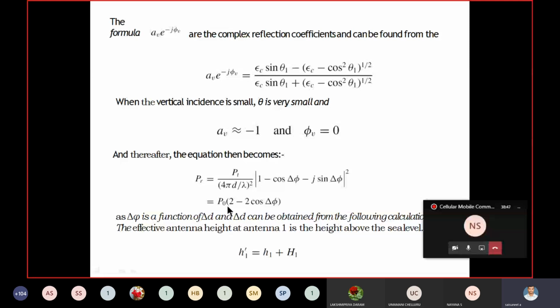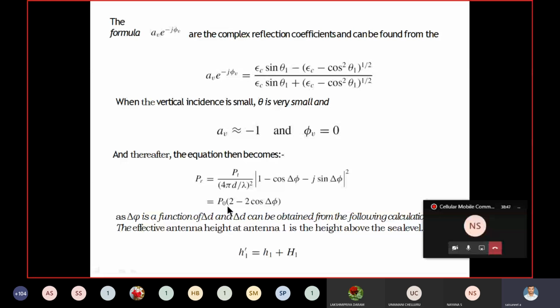From this figure, h1 dash equals small h1 plus capital H1. In this figure there is no representation of that. H2 dash equals small h2 plus capital H2.